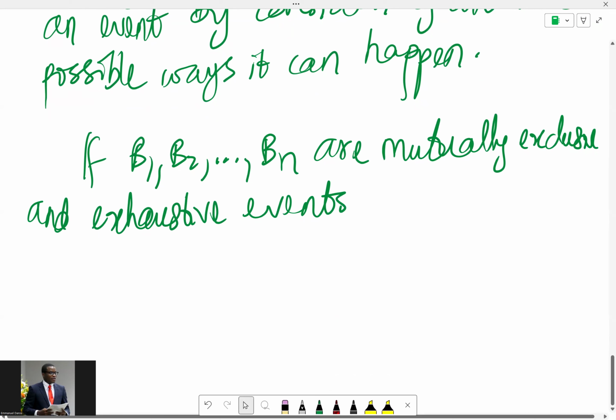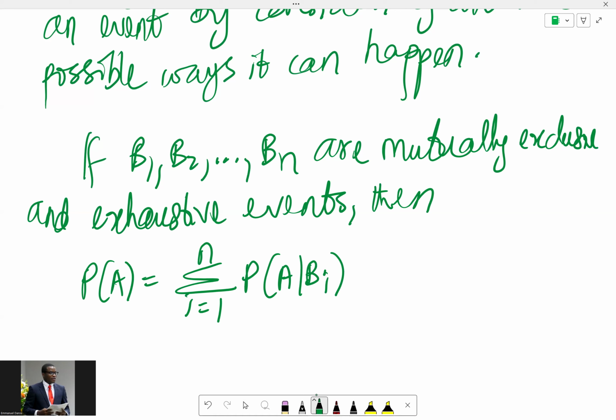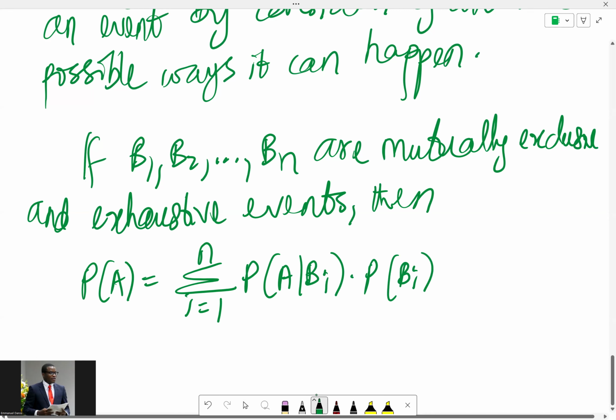Exhaustive means you can get all of the possibilities, then we can say that the probability that A happens is the summation from i equals 1 to n of probability of A given Bi, multiplied by probability of Bi itself.